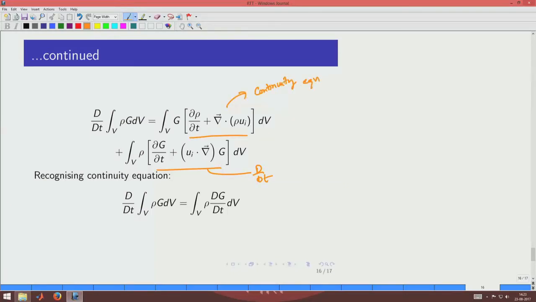So what happens is that the left hand side d by dt of integral rho g dV is equal to integral rho into dg by dt dV, which means that whenever you have a material derivative with integration where one of the quantities is rho, then when you take that in, it should go like that. So the rho is coming out. The reason is that the continuity equation is actually knocking off the terms that correspond to the differentiation with respect to rho.